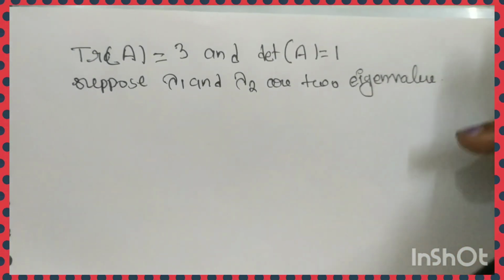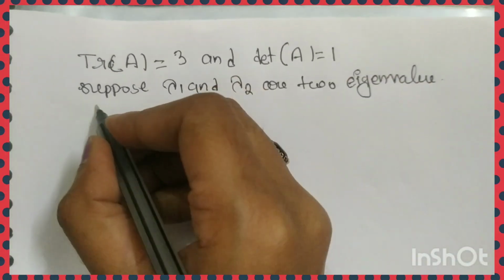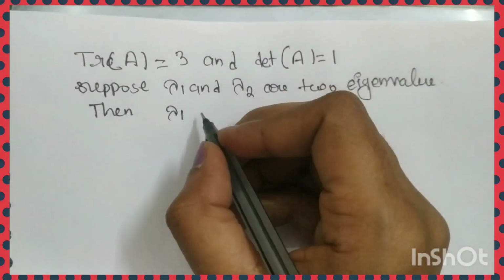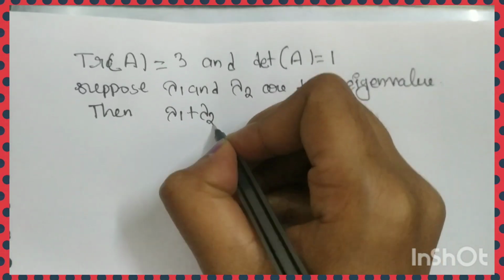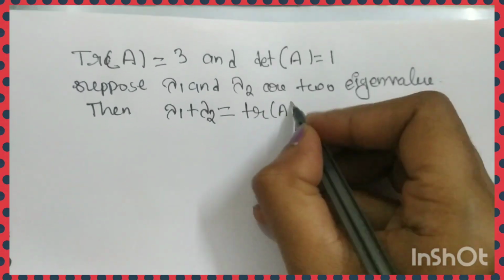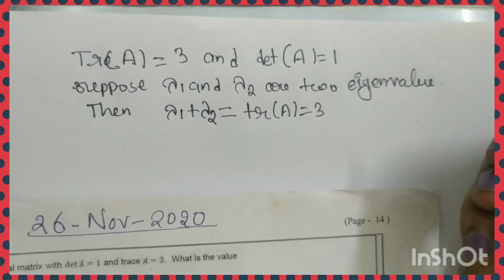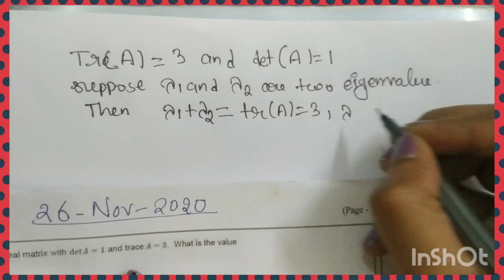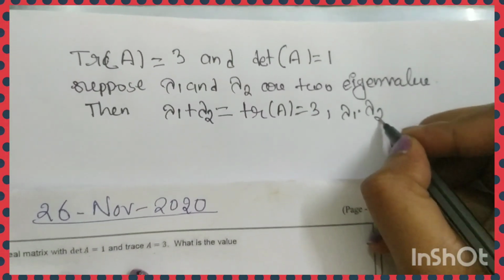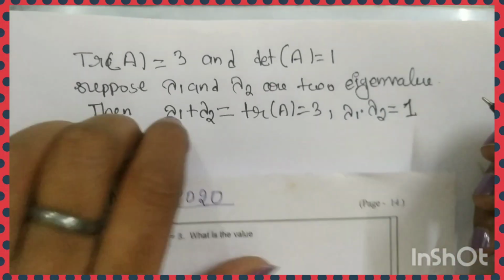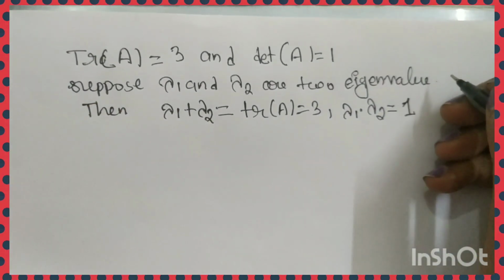Okay, so if lambda 1 and lambda 2 are two eigenvalues, then lambda 1 plus lambda 2 equal to what? Trace of A, which is given 3, and another thing, lambda 1 into lambda 2 equal to what? 1.